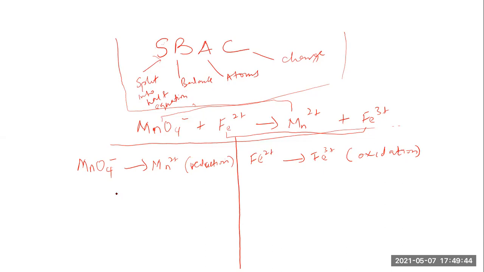I must first balance atoms. Now in balancing of redox equations, we can do it in two media: acidic medium and alkaline medium. But in this session, we'll be focusing on acidic medium. How do I balance in acidic medium?